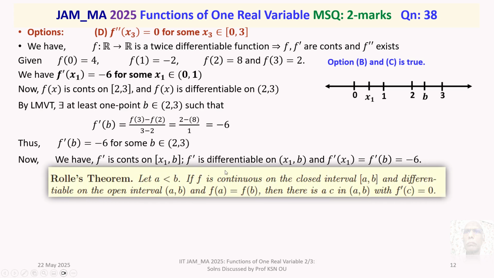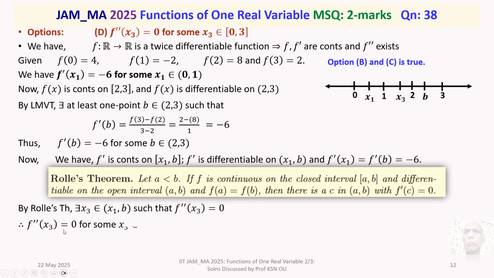By Rolle's theorem, there exists a point x3 belongs to the open interval (x1, b) such that f double prime x3 is 0. So this is x3 here.